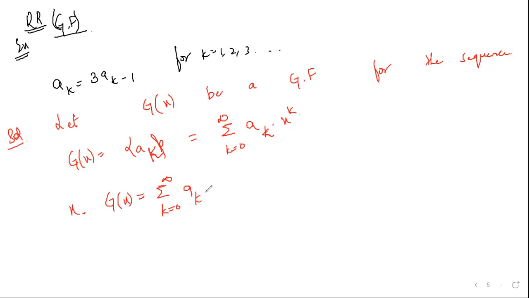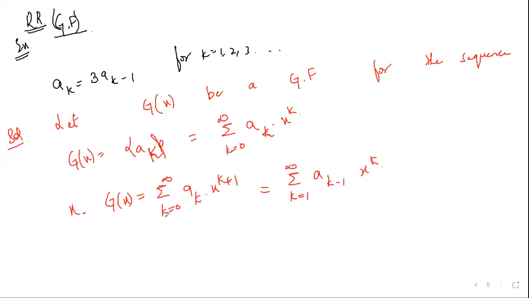So ak into x power k plus 1. Or we can even write it as, since we are taking k plus 1, instead of k is equal to 0 to infinity, I can write it as k is equal to 1 to infinity, and this can be ak minus 1 into x power k.